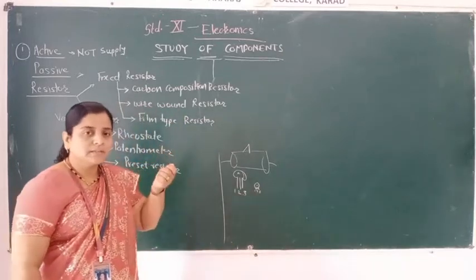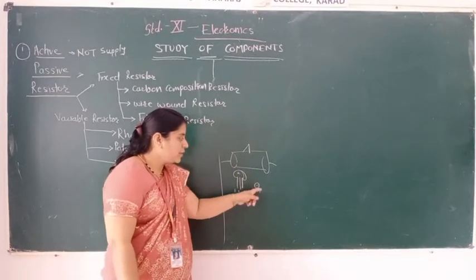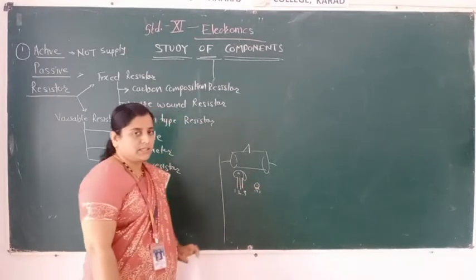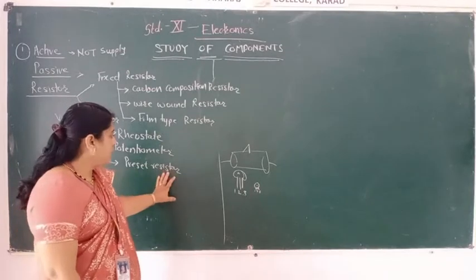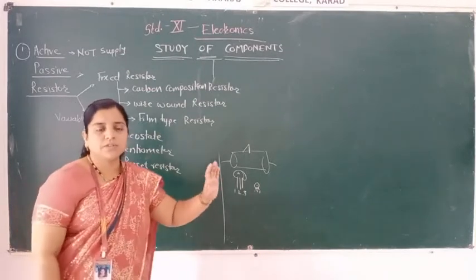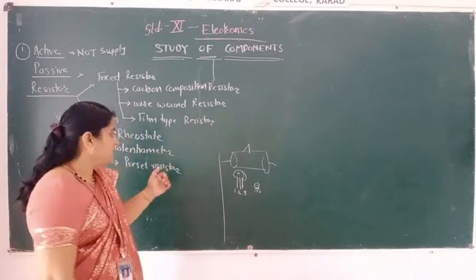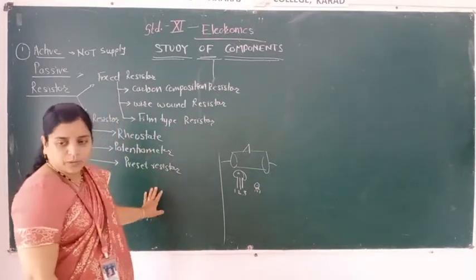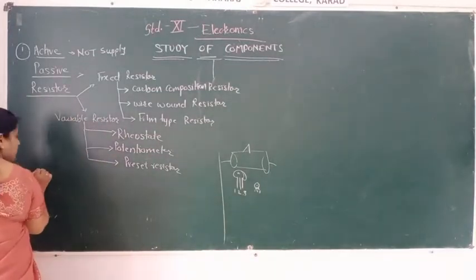By moving the shaft with the screwdriver, you can change the resistance. So these are the three types of variable resistor. Variable resistors are those whose value is not constant and always changes. Next part we have seen is the capacitor.